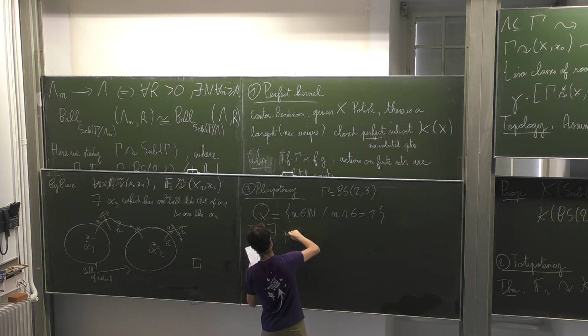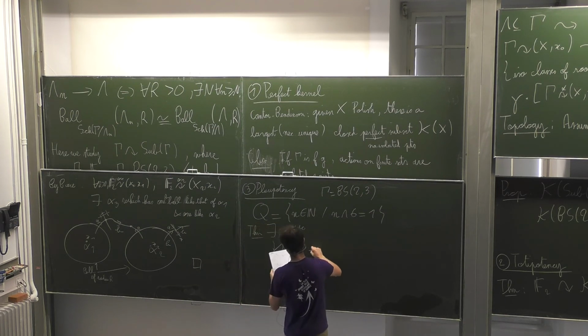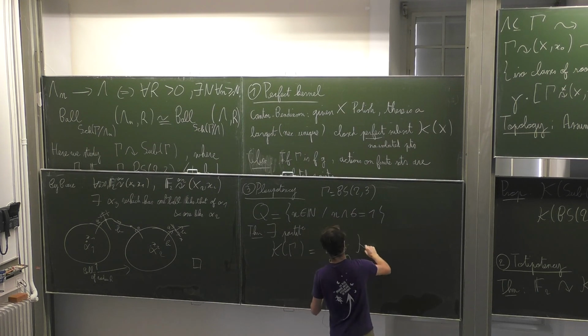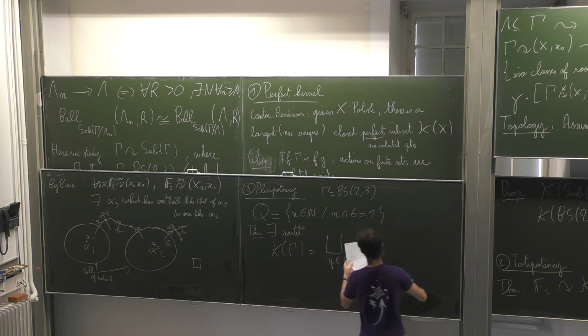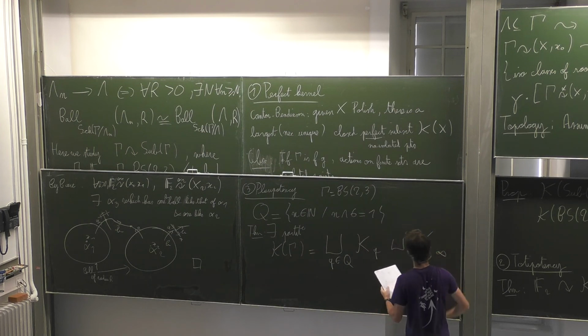there is a partition of the perfect kernel of gamma as follows. This is a disjoint union over q in Q of what I will denote by K_q, disjoint union with some piece which we call K infinity.